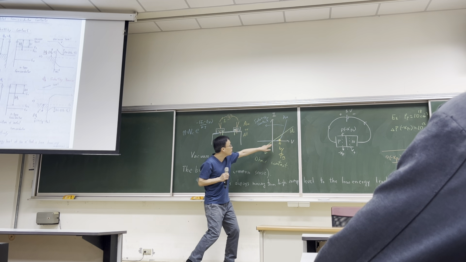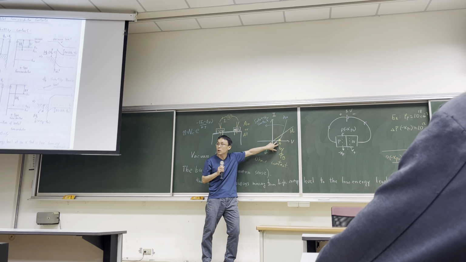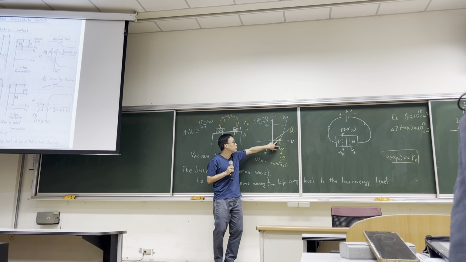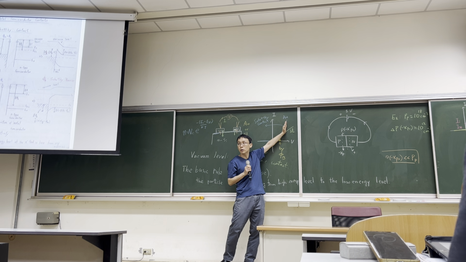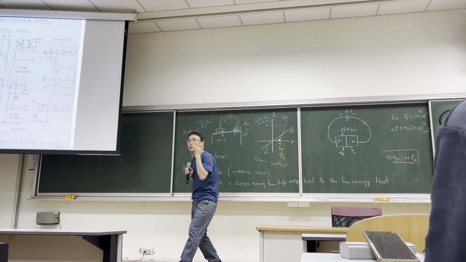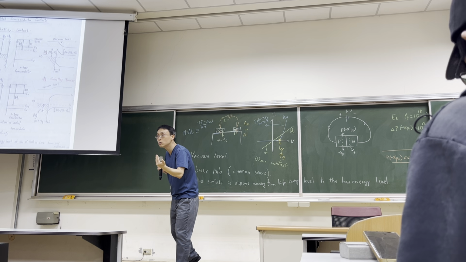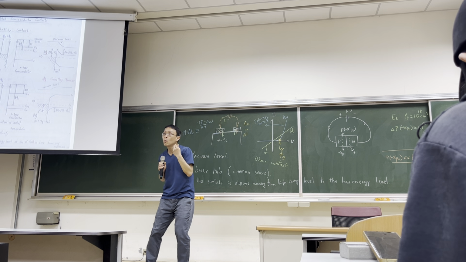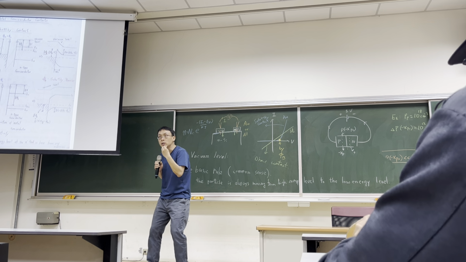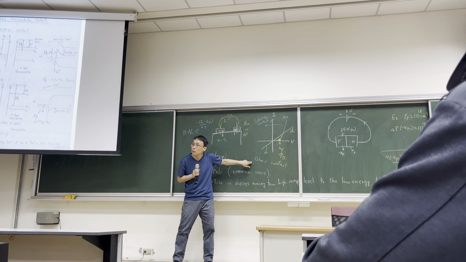You have a very small current for Schottky contact, which means you need to apply higher voltage in order to turn on the device. Higher voltage means higher energy consumption. Not good, right? So most of the semiconductor devices need an ohmic contact.